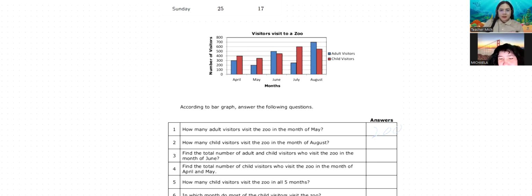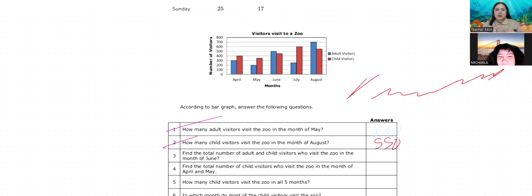How about number 2? How many child visitors? What color is child visitors? Red. Very good. In the month of August. 550. Very good. How about this one? Find the total number of adult and child. If that is total number, what operation should we use? Addition. Very good.